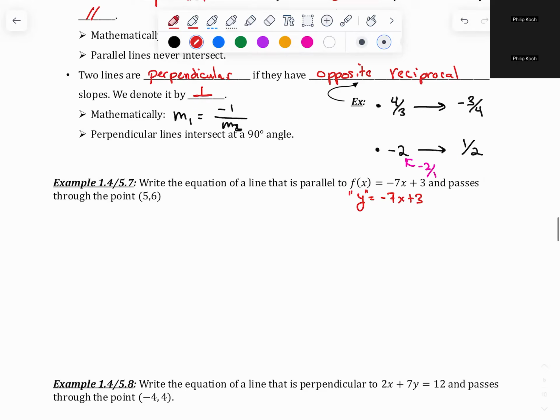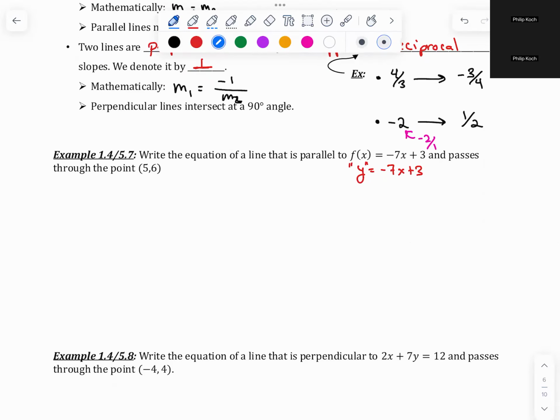The slope of the given line is negative 7, because it's already in slope-intercept form, already in mx plus b format. The m is the slope, hence this one has a slope of negative 7. And because our line is parallel, our line has m sub parallel equal to negative 7.